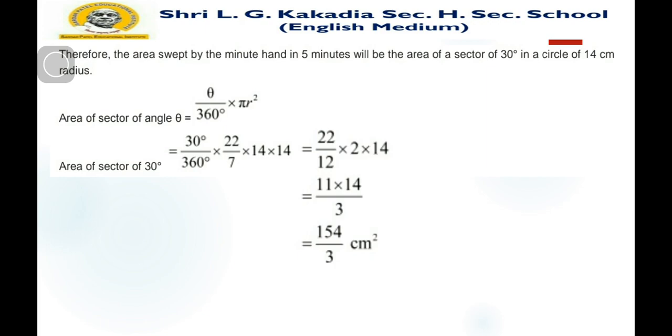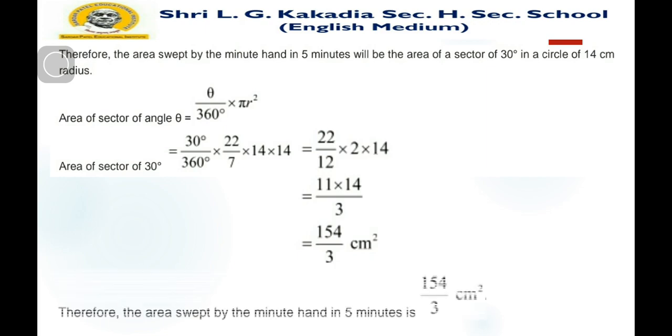At the last we get the answer 154 divided by 3 centimeter square. So this is the area that the minute hand swept in 5 minutes with 30 degree. Therefore the area swept by the minute hand in 5 minutes is 154 by 3 centimeter square.